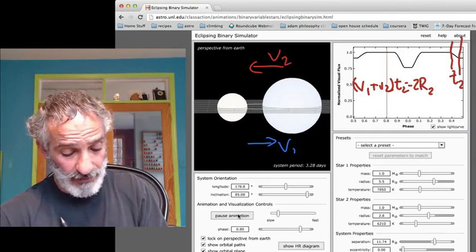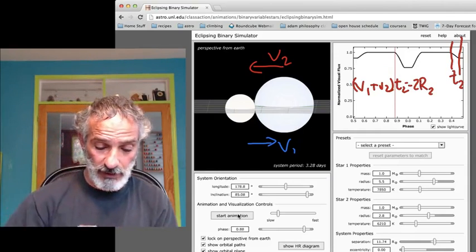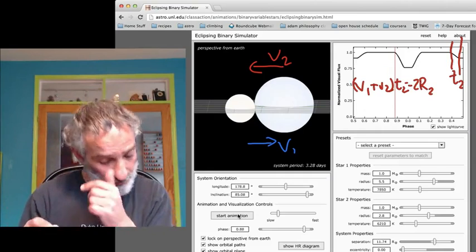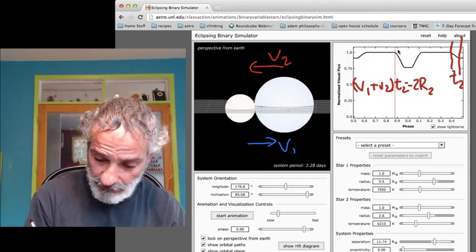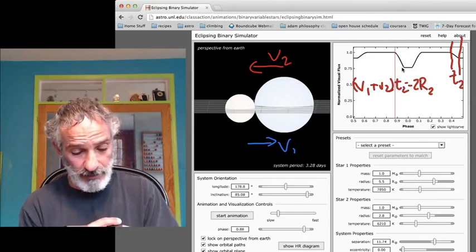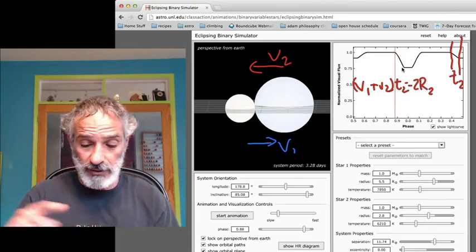And when the next eclipse starts, first of all, the directions of the speeds are of course reversed, but I'll leave them there. Please do not get confused by this. But now I can measure a different time interval. Of course, the length of this time interval during which the dip develops is again the same length. It's the time that it takes the red star to move relative to the blue star, twice the red diameter.